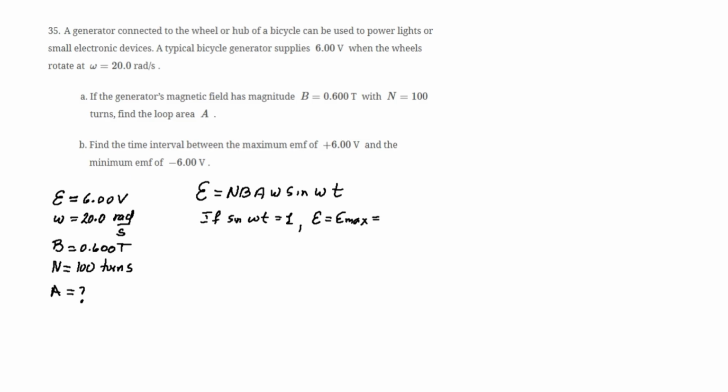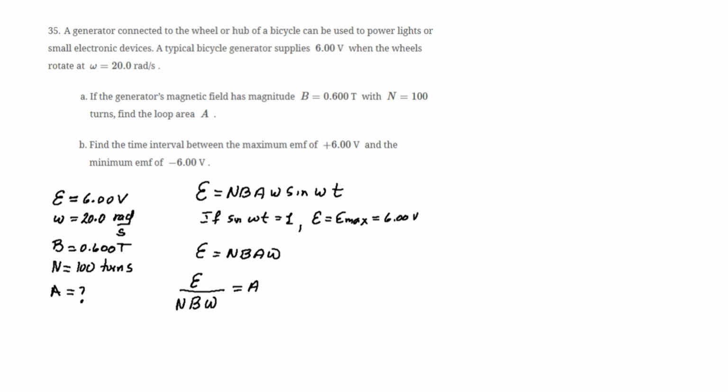So we can say now that this E would be number of loops times magnetic field times area times frequency of rotation. I can solve for the area: E divided by the number of turns times the intensity of the magnetic field times the frequency of rotation is equal to the area.